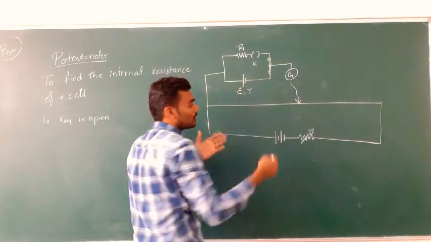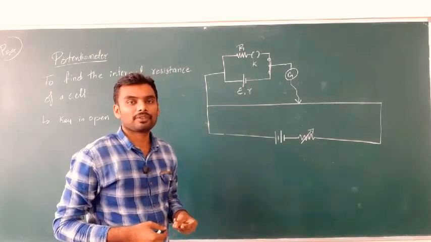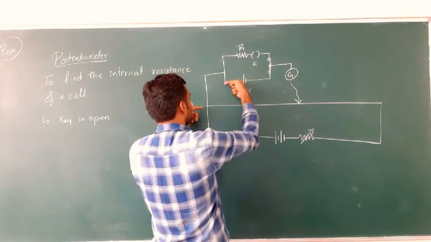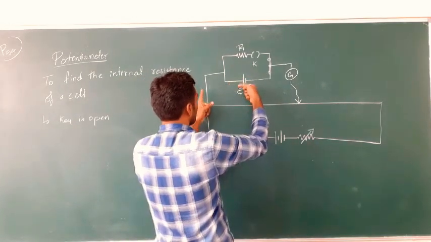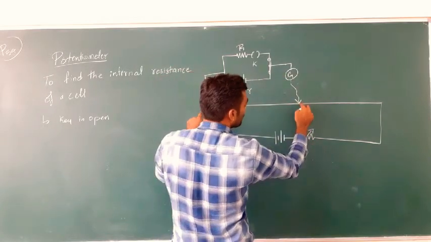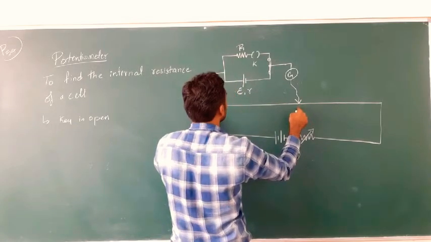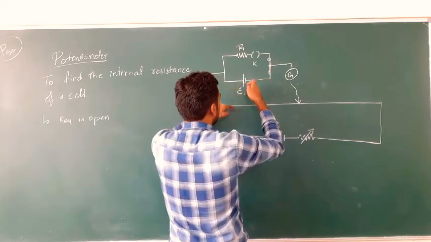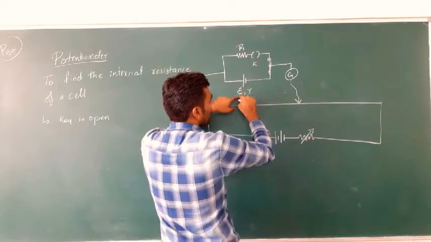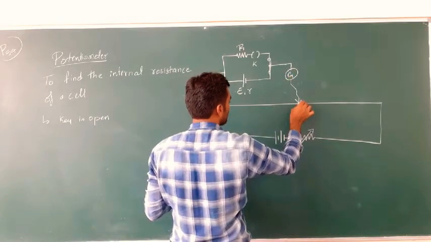This is similar to what we discussed when comparing EMFs. This cell will push the current in the opposite direction, and this current will try to enter the branch, and hence for a particular length, when the potential drop becomes equal to the EMF of the cell, the galvanometer reads zero deflection.